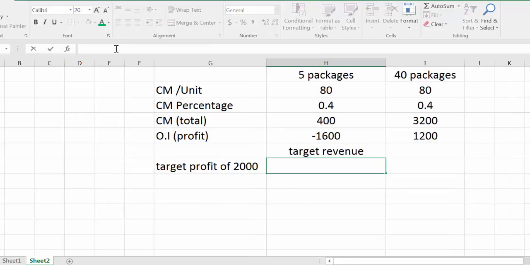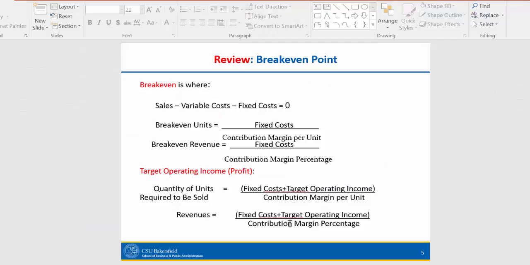We're looking at fixed cost 2,000 plus the target profit 2,000, then the quantity divided by 0.4, or 40%. Then you get 10,000. So that's the target revenue, and this is the formula we just applied.